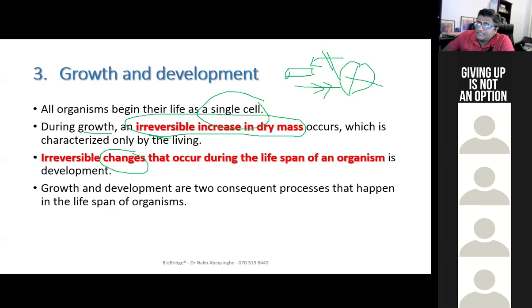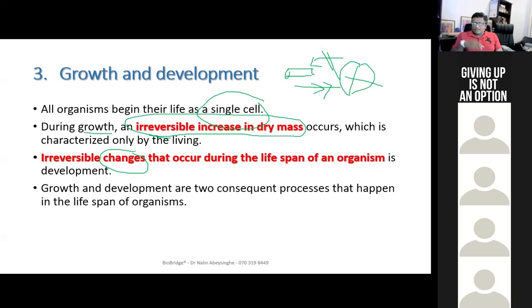In childhood, we say the developing child. The children are developing children. Their brain is still developing. From the day you are born, the brain is acquiring functions. You would have seen newborns, they just cry.